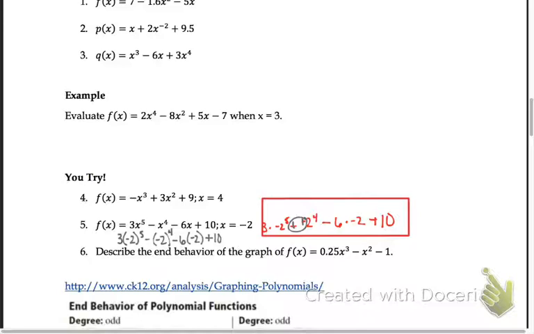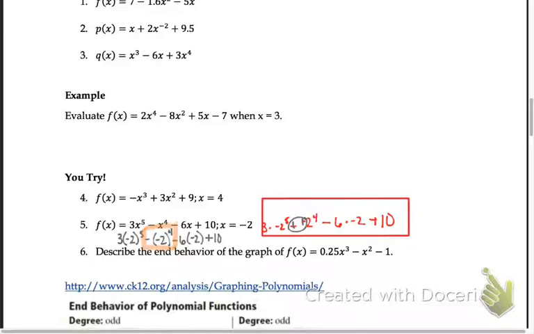Well, 2 to the 4th is 16. But negative, so I would be adding 16. The problem is, what's actually happening right here is I'm subtracting 16. And it's going to give you the wrong answer.